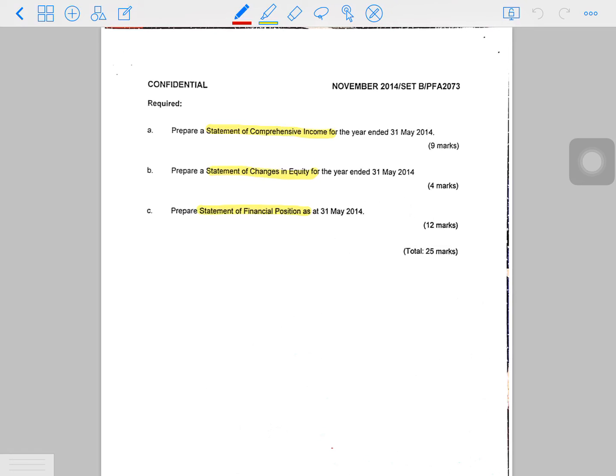Patutnya sini berapa ni? 562. Okay, itu silap maksudnya. 163,750 plus 307,562.